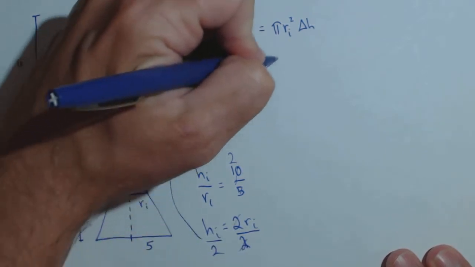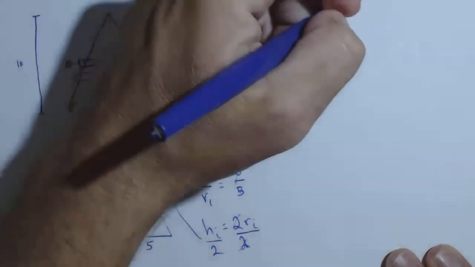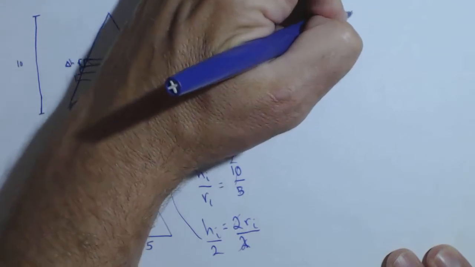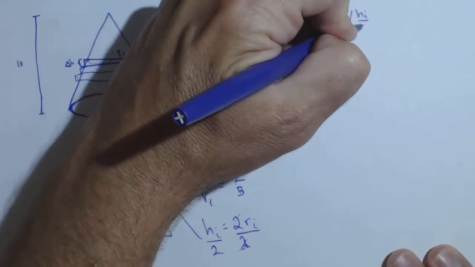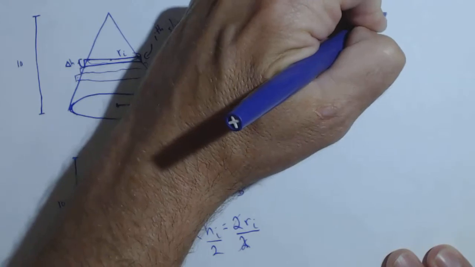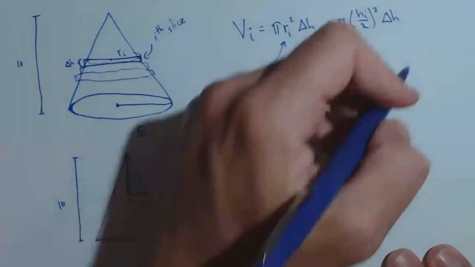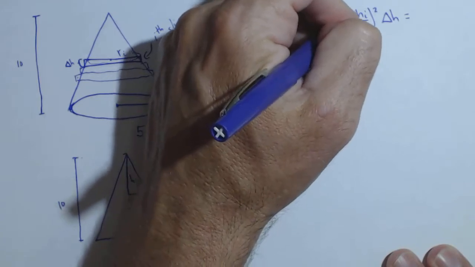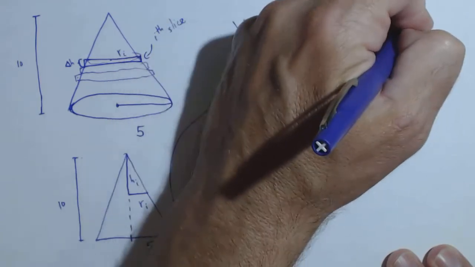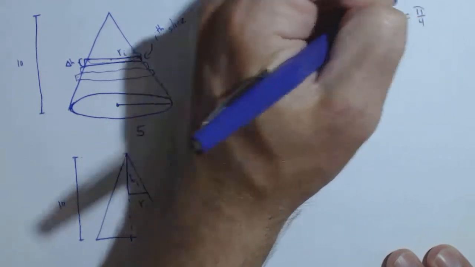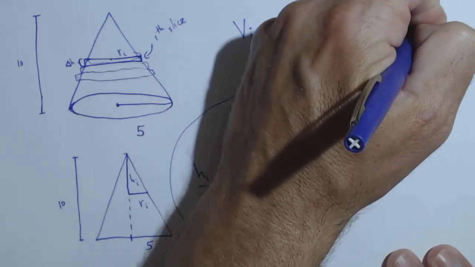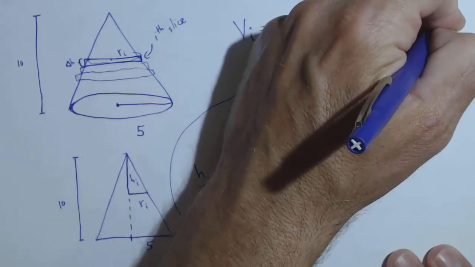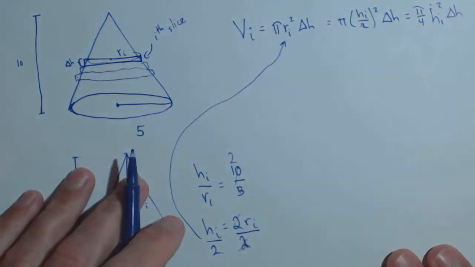And I'm going to take this and plug it into the volume of my ith slice to get pi times h sub i over 2, squared, times delta h. This becomes h sub i squared over 4, so I'm going to write the pi over 4 up front, times h sub i squared delta h.